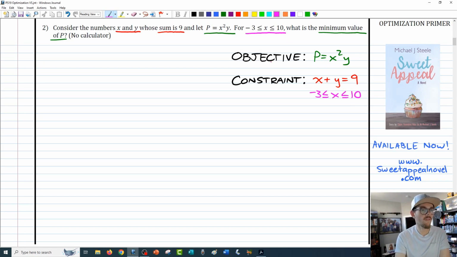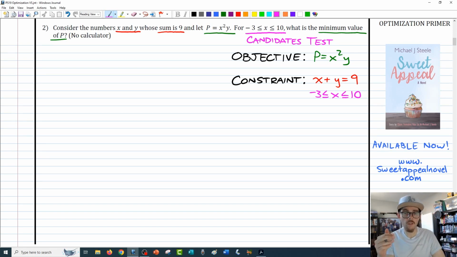But more important than that, since we're on a closed interval like that, we're going to have to use the candidates test. The candidates test is what's going to find the absolute extrema on a closed interval. In this case, we're only interested in the global minimum value on this interval, but it's still the candidates test. We're going to have to look at both critical numbers and endpoints in order to find where this minimum value is actually going to occur.